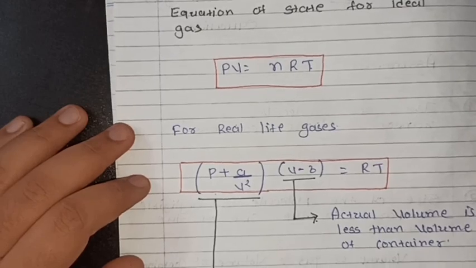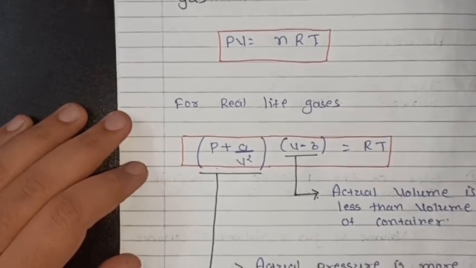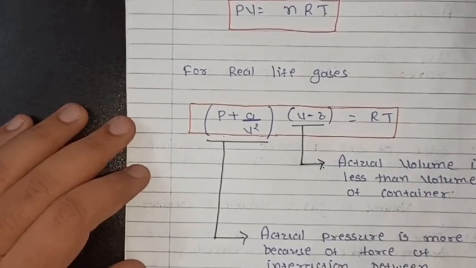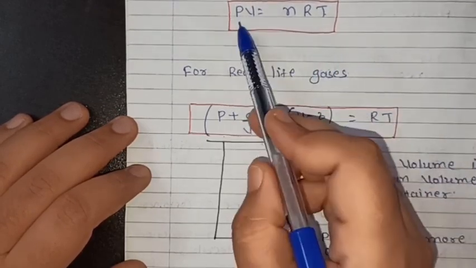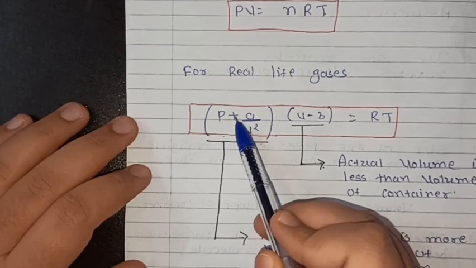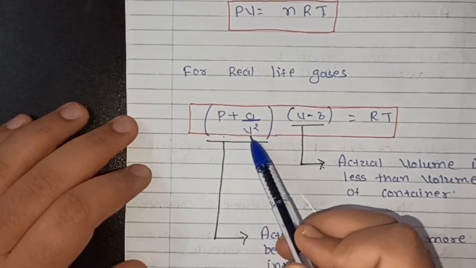Now, if we want to apply this equation for real life gases, then we have to make some modifications. So pressure will be written as P plus a by V squared.